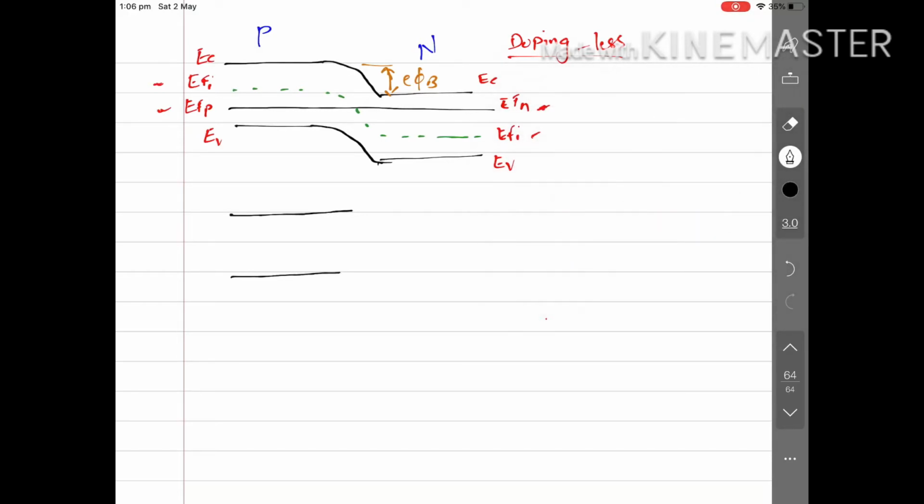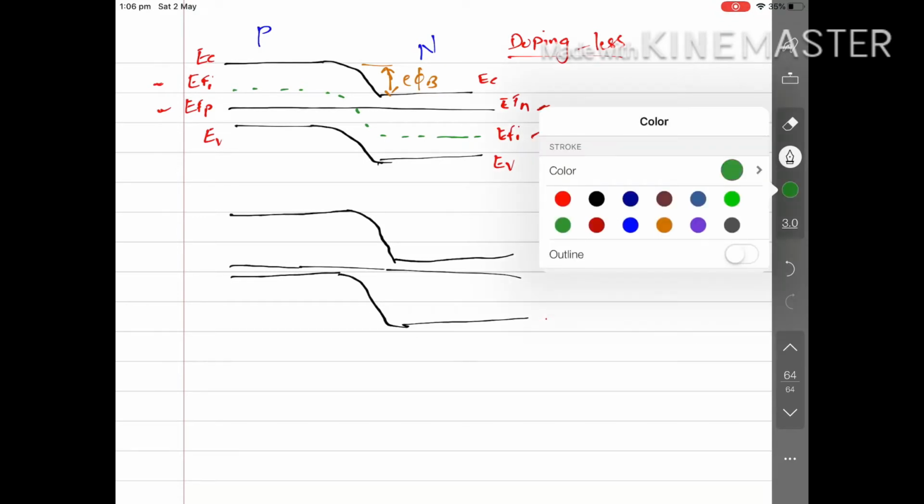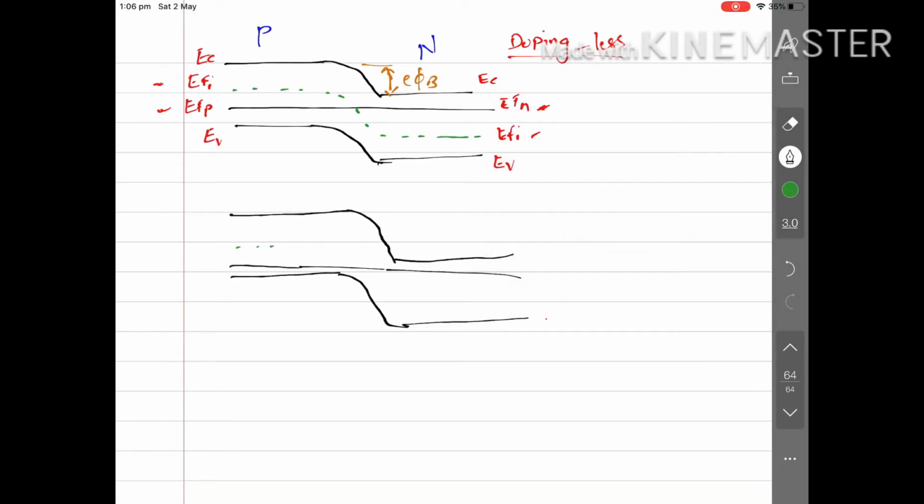So let me draw this. This is under higher doping. This is the Fermi level, and this is the intrinsic Fermi level.